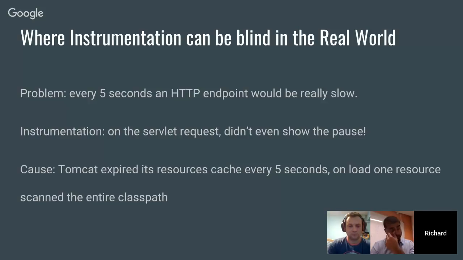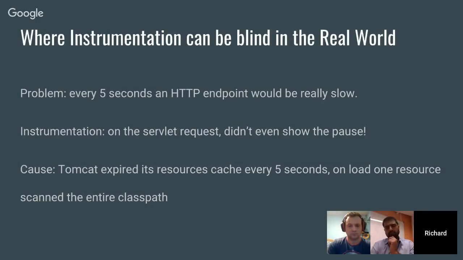So we had a client, for example, who had an existing APM tool in their production system, and they had a performance problem. The problem was every 5 seconds, a certain HTTP endpoint that was used quite frequently would be very slow, as in it would slow down for like 2 seconds and do nothing every 5 seconds or so.